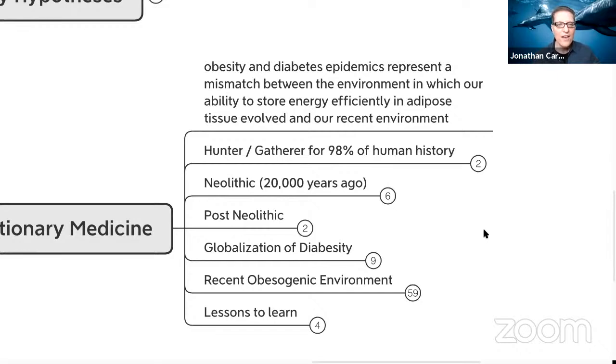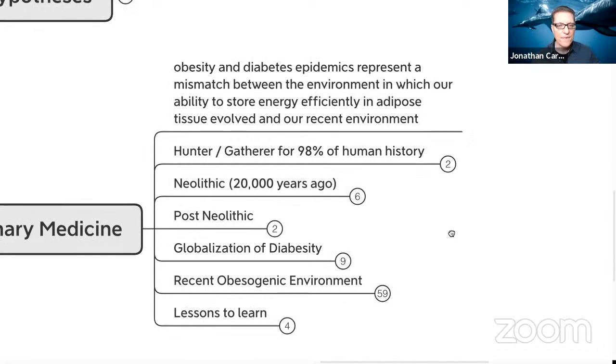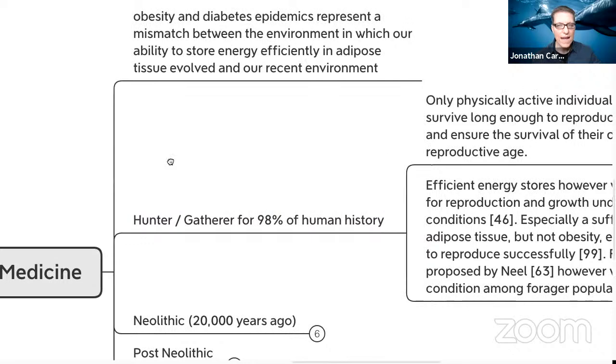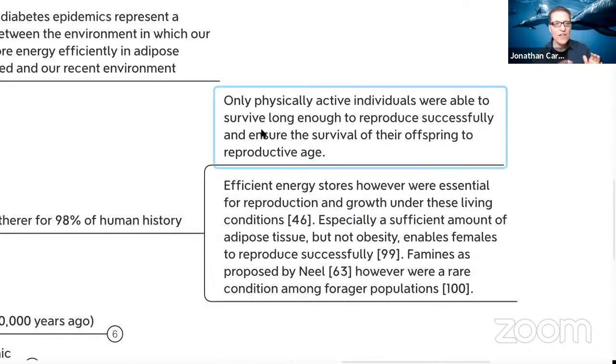Now, the hunter-gatherer lifestyle, most people think, was around for 98% of human history. And in addition to this idea about storing calories, only physically active individuals were able to survive long enough to reproduce successfully and ensure the survival of their offspring.